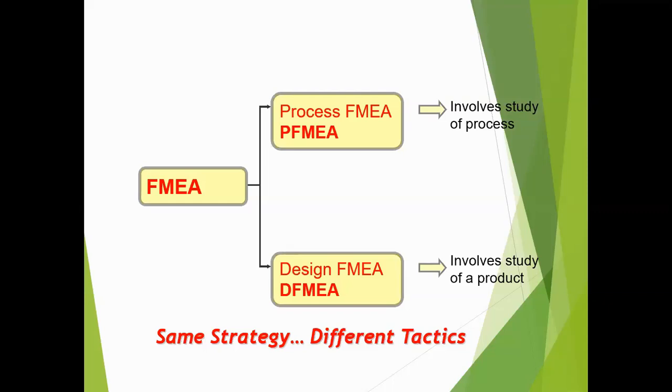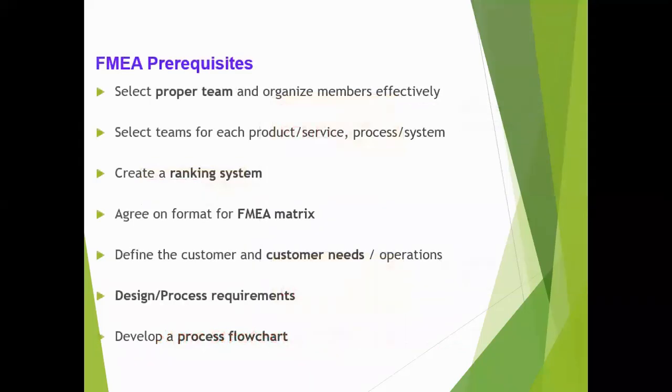And the second way is design FMEA, when we try and design a product, or when we try and design a new process from the beginning. For any step that should be involved in designing a product or a process, we should go ahead and do a failure mode analysis. So any risk assessment that we do will help design the best process that is possible. These are the two kinds of FMEA.